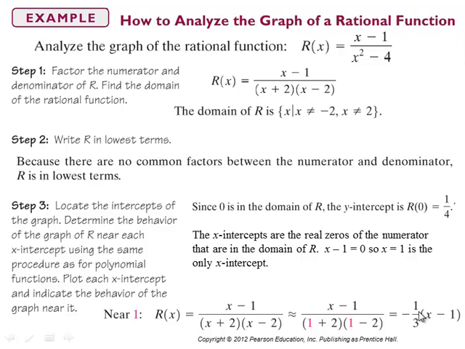So we would sketch a small line segment on the x-axis at x equals 1, with a slope of negative 1/3. So that tells us that the graph of this function will cross the x-axis at x equals 1, going from the upper left to the lower right with the slope of negative 1/3.